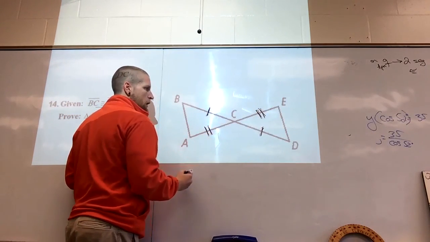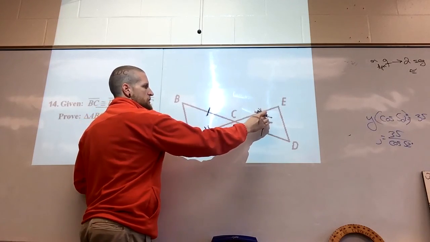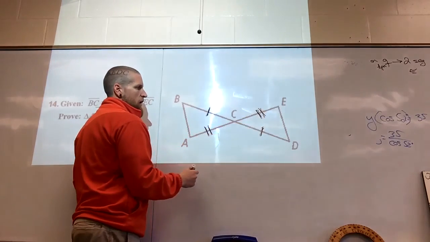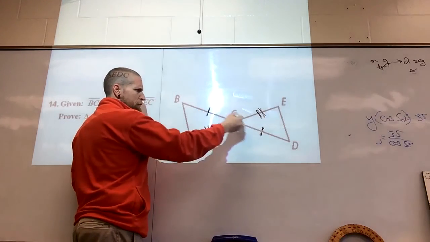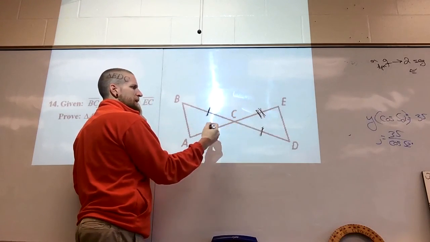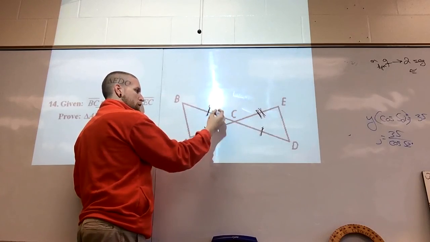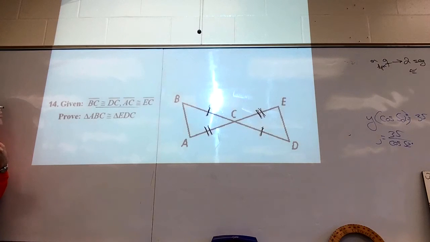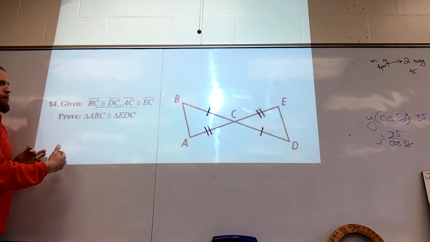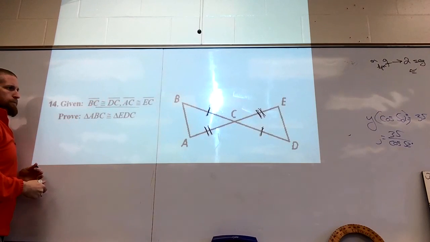What I generally suggest, especially when starting out writing these, is whenever you make a mark on here, put a little number by it, like 1, just to remind yourself that's the first thing you did, because when you write out your proof, you're going to write it in order of how you marked it. So when I start writing my proof, the statements and reasons, that'll be the first thing I write.